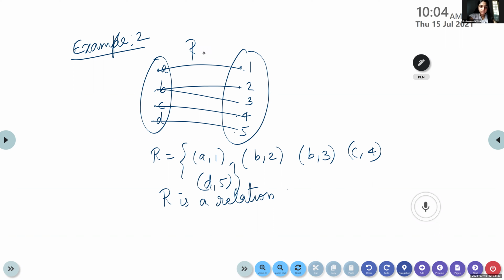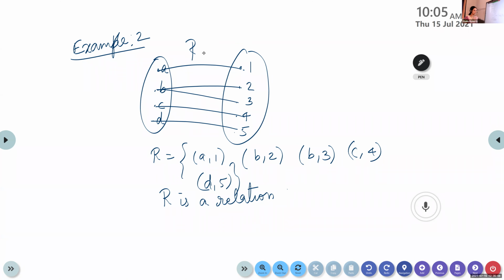Why? Why is R not a function? Pranav, is it a function or not? Ma'am, B has 2 images, so it is not a function.